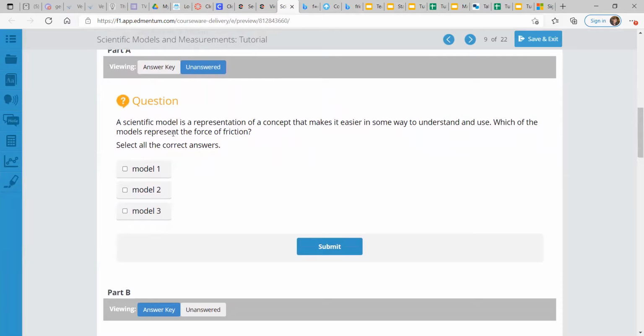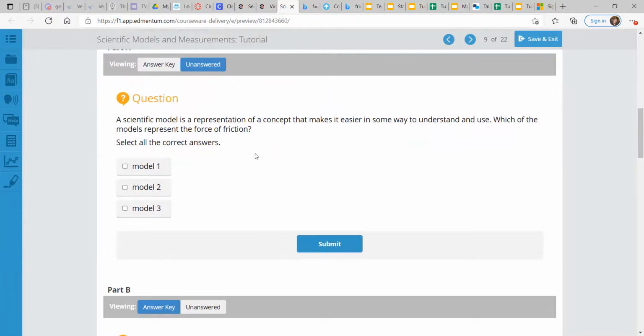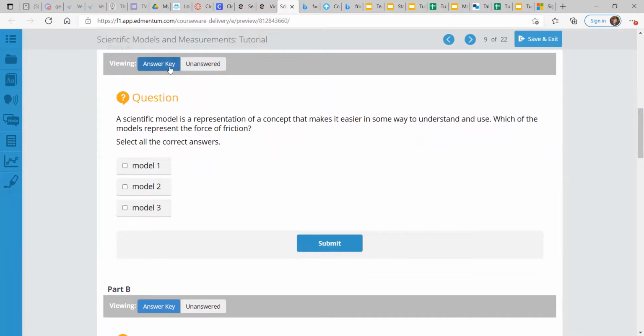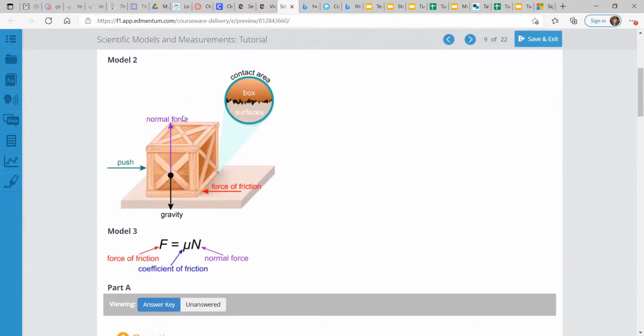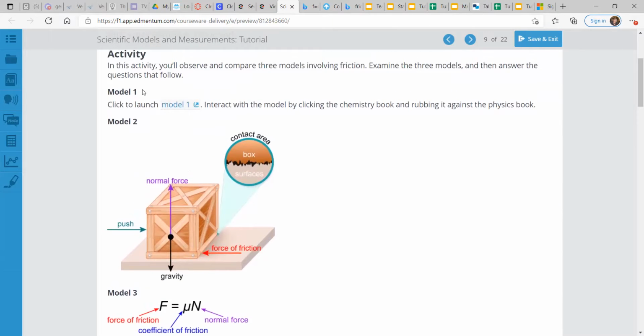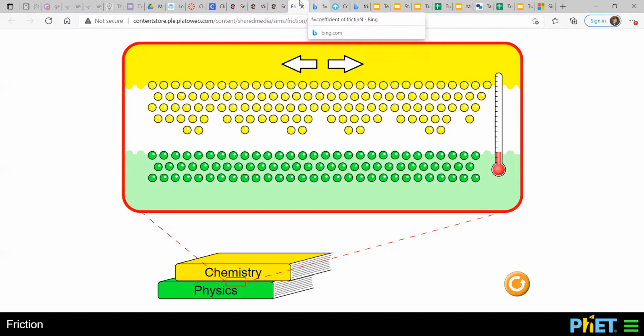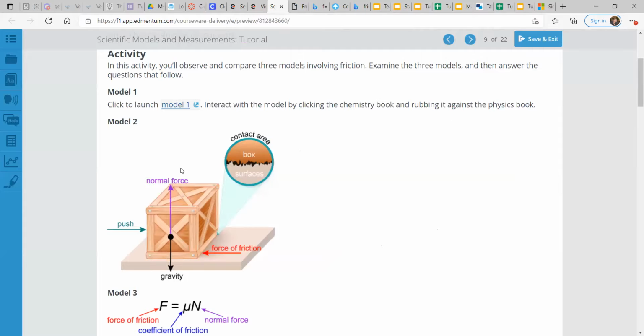So in part A, a scientific model is a representation of a concept that makes it easier in some way to understand and use. Which of the models represent the force of friction? So we have model 1, which is like a simulation that you can interact with. Model 2 is a picture that labels all the forces and shows you the contact area.